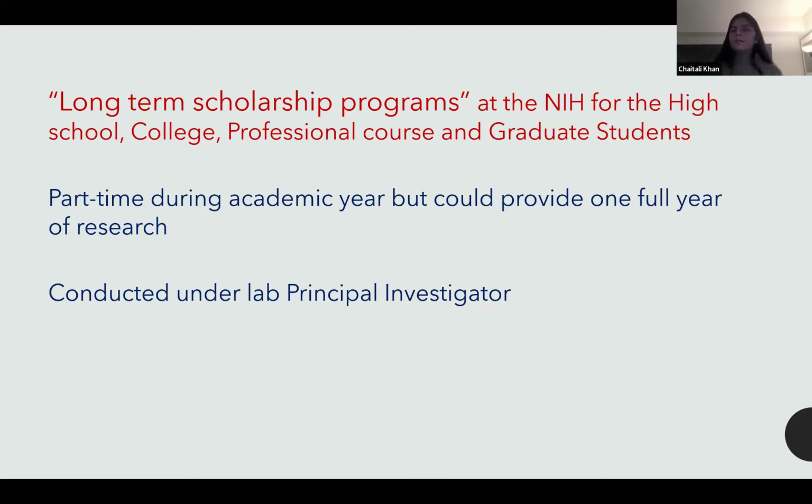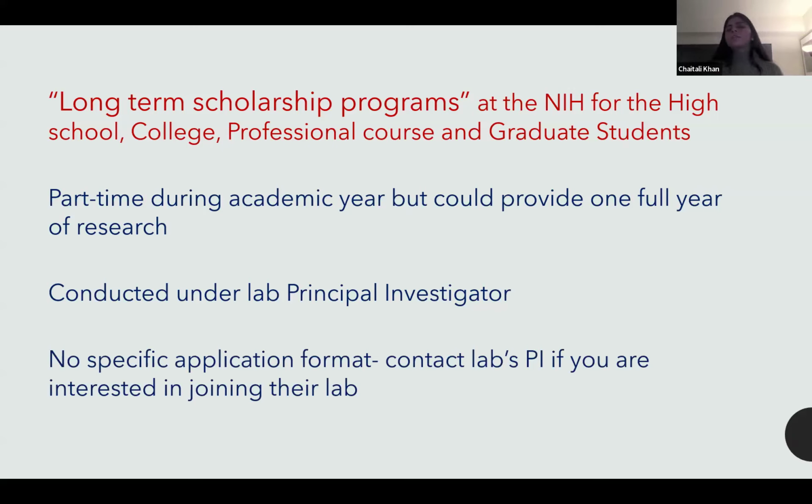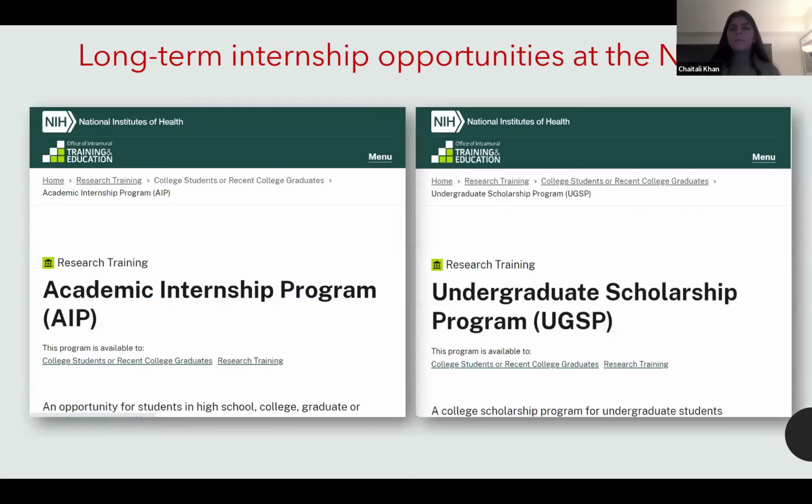And it is conducted under a lab. The application system is more towards a lab principal investigator. Once you like some lab, you can write to them, saying I'm interested in a scholarship program. And there's no specific format of application. You just contact the PI, which is the head of the lab that you are interested in joining, and then we can navigate from there.